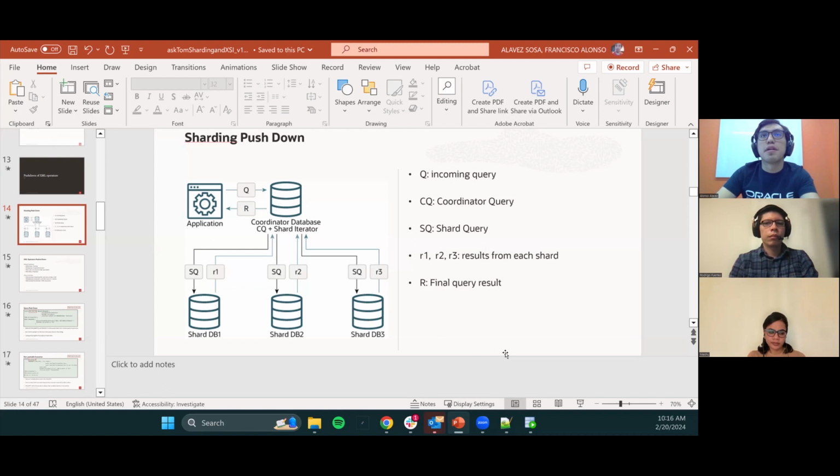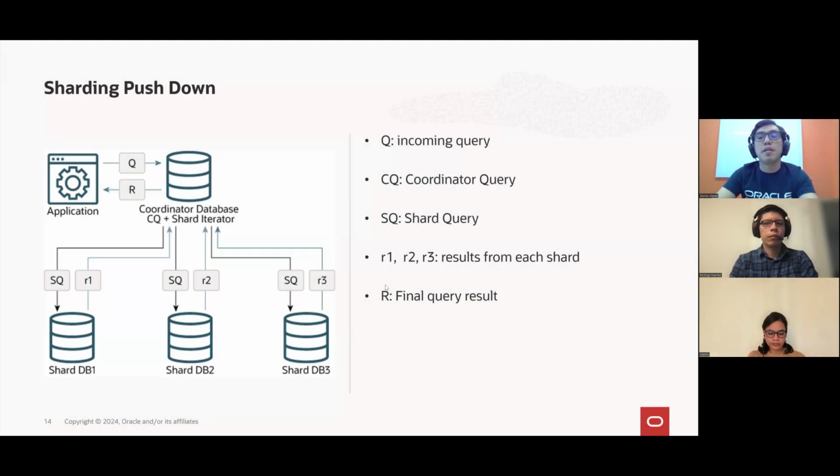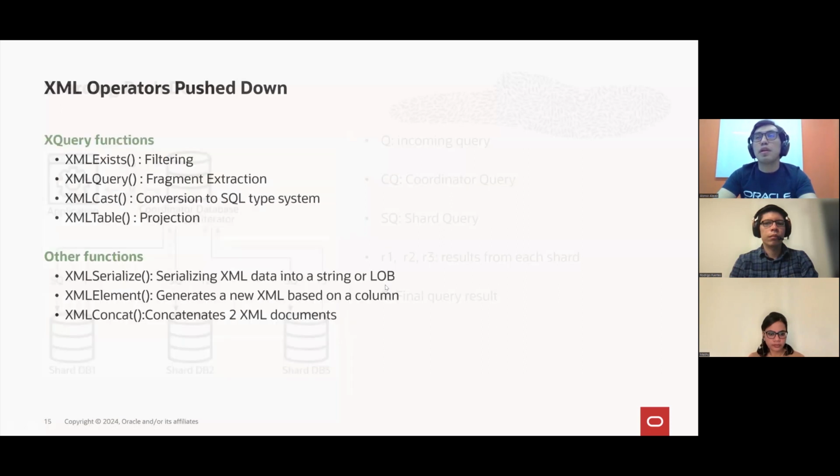So this is why it is very important to push down as many operators as we can, just to use the whole power of the sharding architecture. These are some operators that we currently support to be pushed down. We have some other operators, but these are the most common use cases.